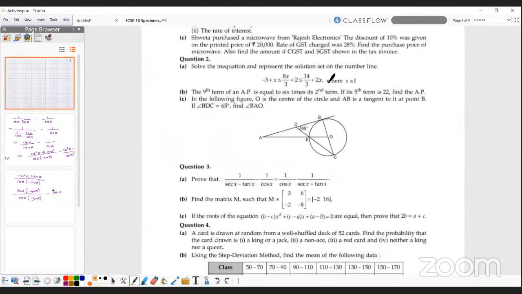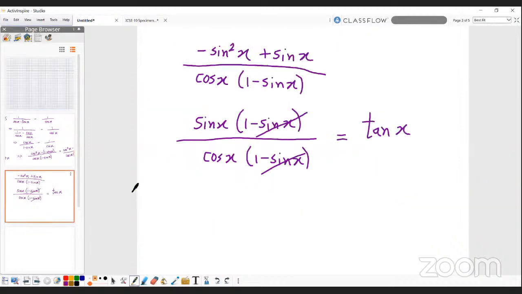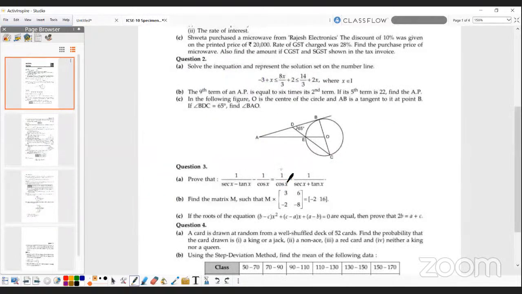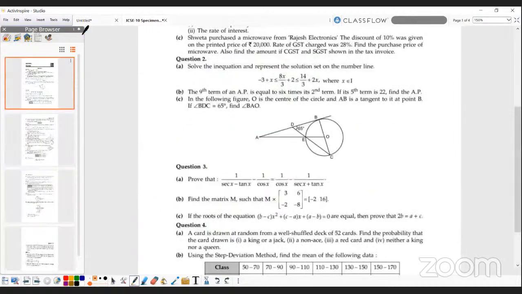Let's try simplifying the right hand side also. If we get this also equal to tan x, then we are able to prove it. For the right hand side, 1 upon cos x minus 1 upon sec x plus tan x.